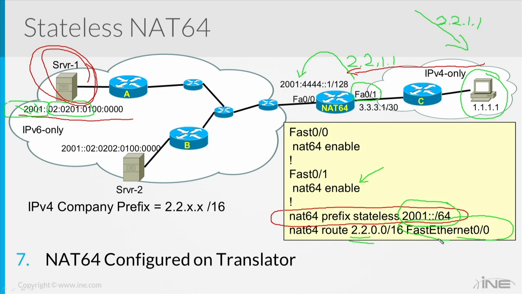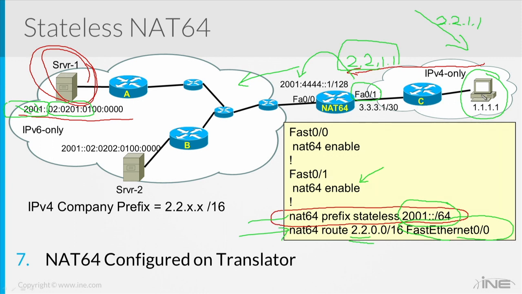And then I will convert it into an IPv6 header. And what I'll do is I'll take this address here, and in the front of it, add 2001:0:0:0. So as it leaves here, this NAT64 router has been able to convert the v4 address to a v6 address based on these two commands here.